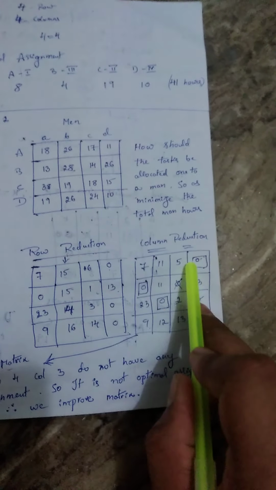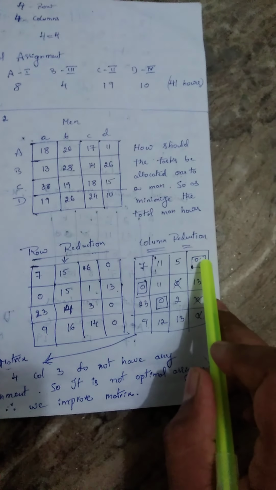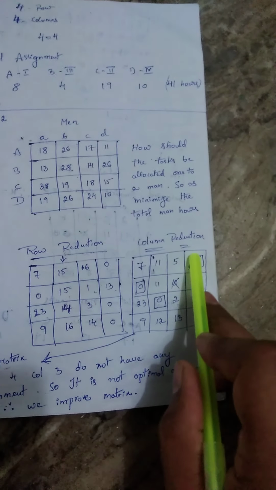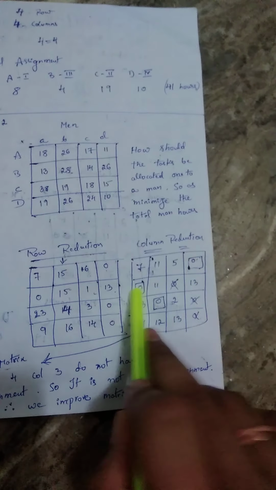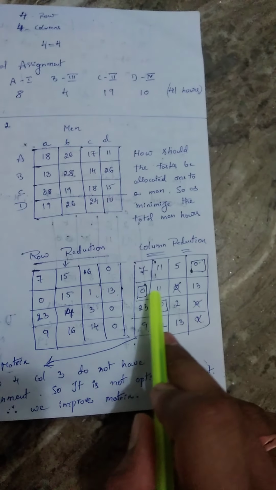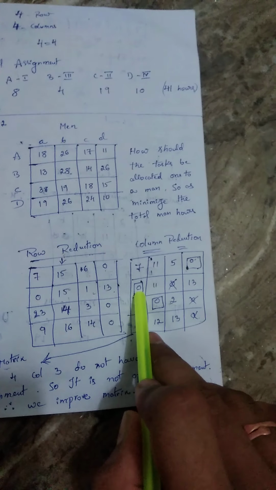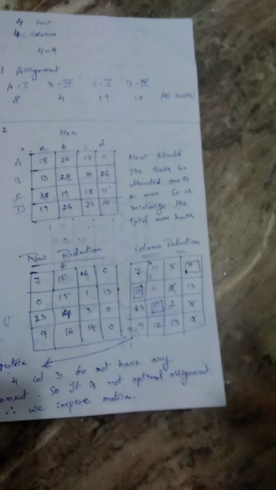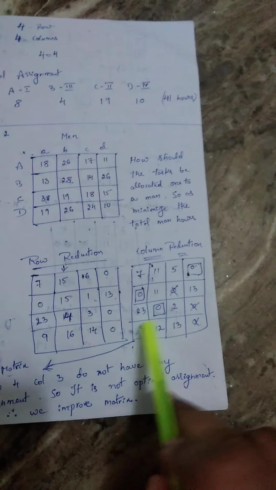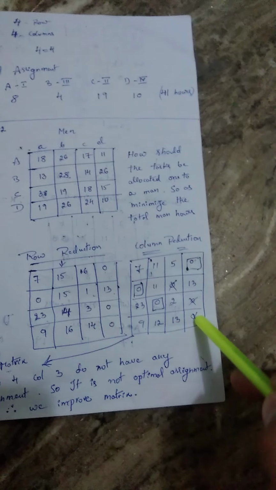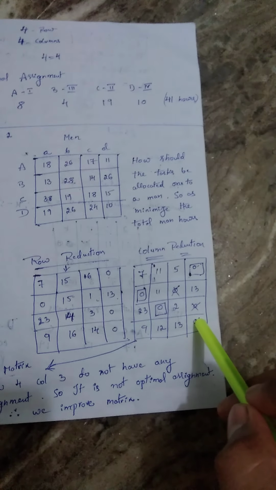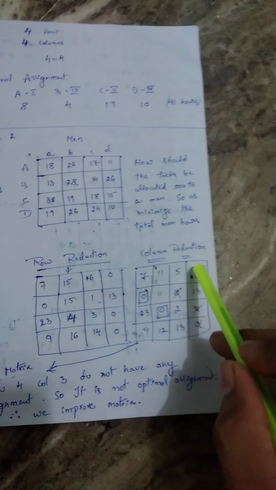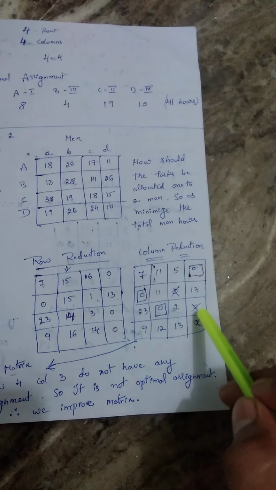In this row we have a single 0, which means one assignment. The second row has 2 zeros; later on we check it for the assignment. This row also has 2 zeros. Next, this row has a single 0, and since we already have an assignment in this column, we cross the rest of the extra zeros.